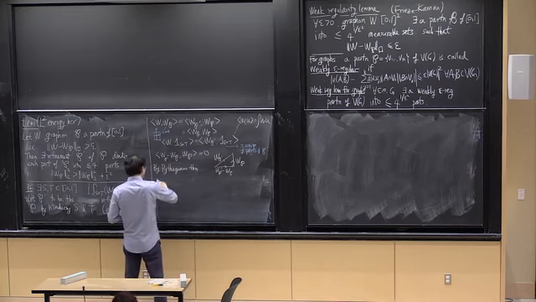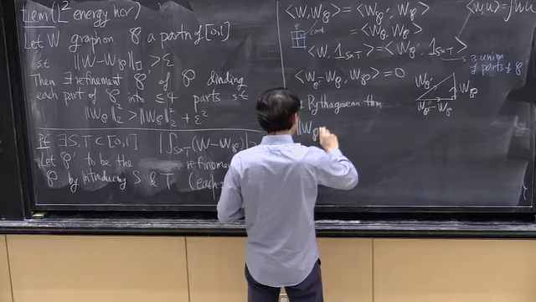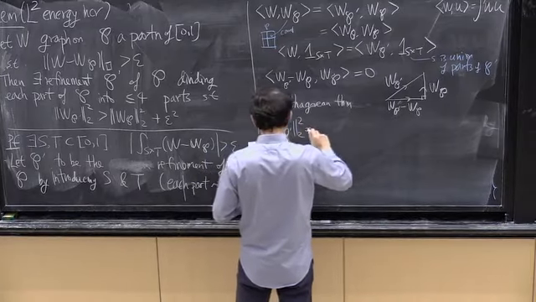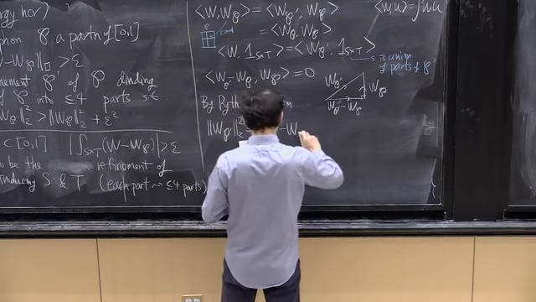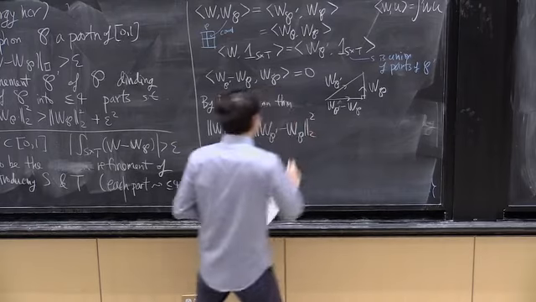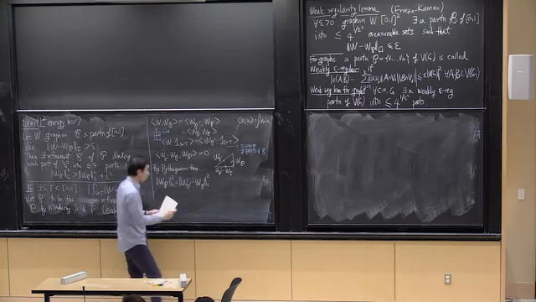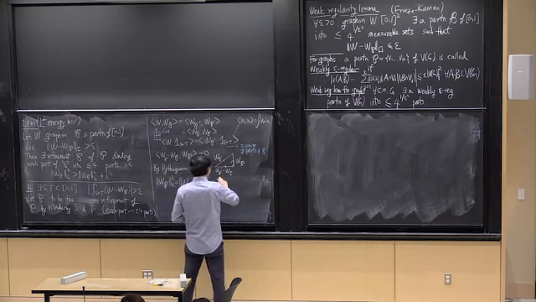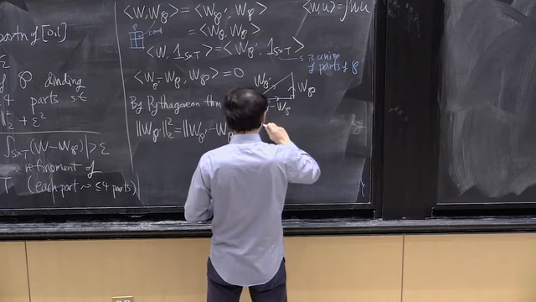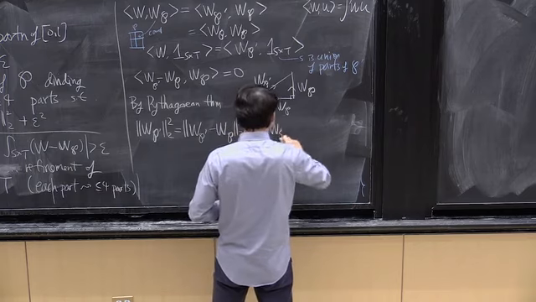So by Pythagorean theorem, we find that the L2 norm of WP prime equals the L2 norm of the sum of the L2 norm squares of the two legs of this right triangle.